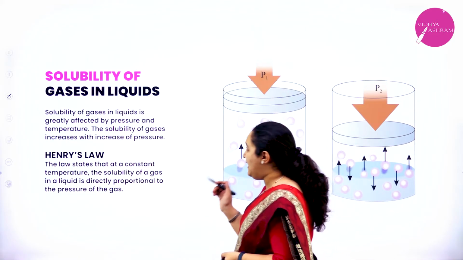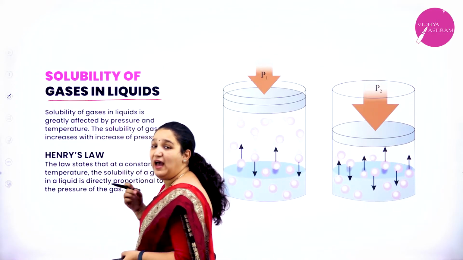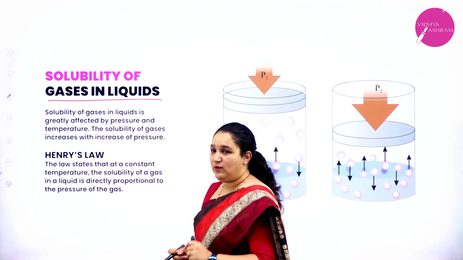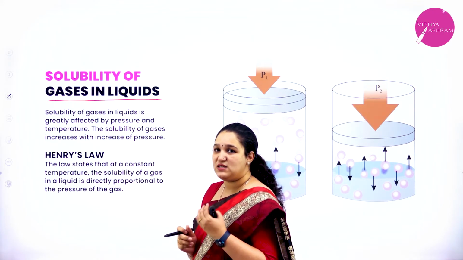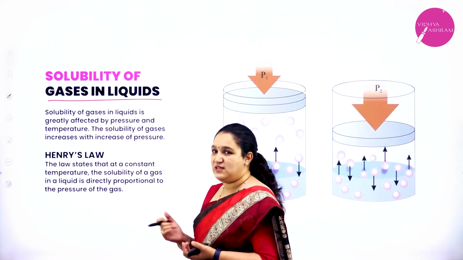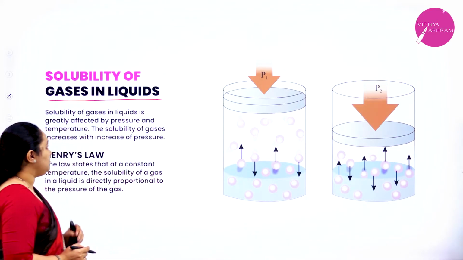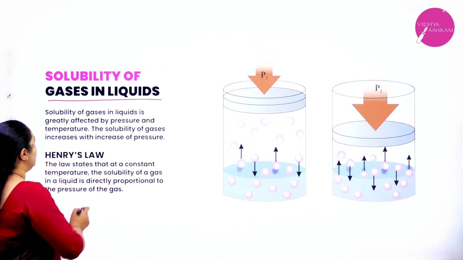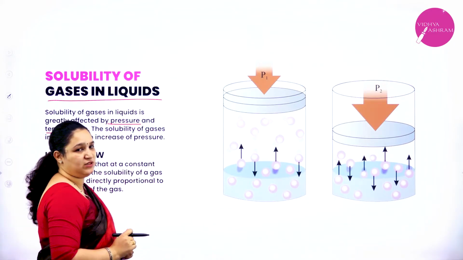solubility of gases in liquids. Till now what did we speak about? Solid in a liquid. Now we are learning about a gas in a liquid. So the gas is the solute and the liquid is the solvent here. The solubility of a gas in a liquid is affected by pressure as well as temperature.